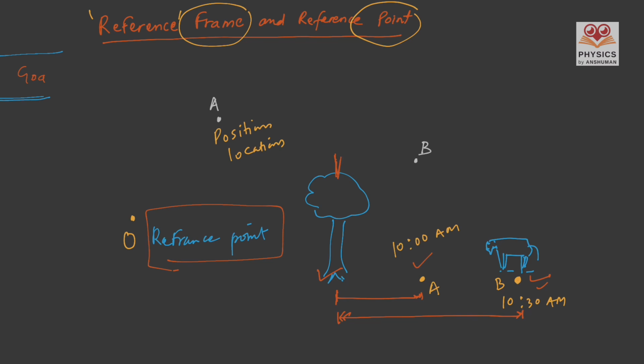The distance of the cow at 10 o'clock from that tree is different from the distance of the cow from the tree at 10:30 a.m. And then we can say that motion has happened. And to measure how far the cow moved, or whether it moved or not, we have fixed a point, that is the tree, and this tree is behaving like the reference point.